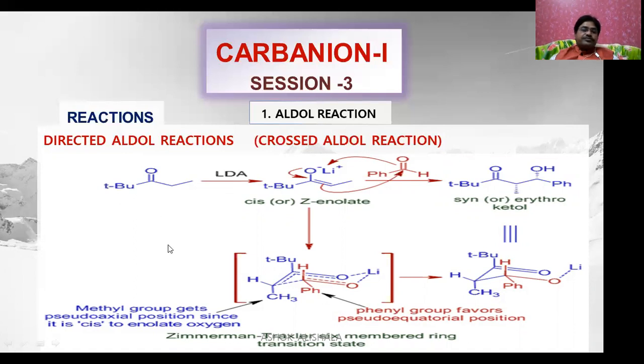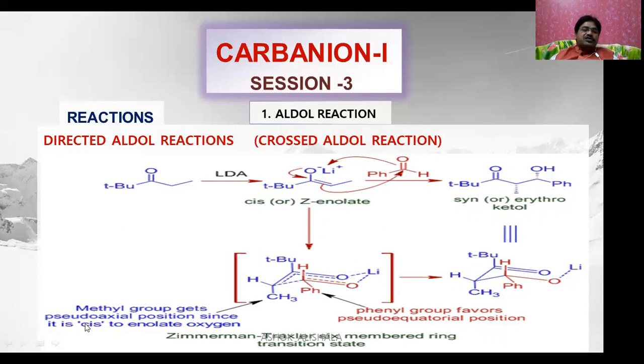Here it is a tertiary butyl ketone compound treated with LDA. What happens? You will get a lithium enolate ion, which may be the cis or Z enolate. You will get the syn addition, and the compound is the erythro ketol. Here a cyclic form is formed.